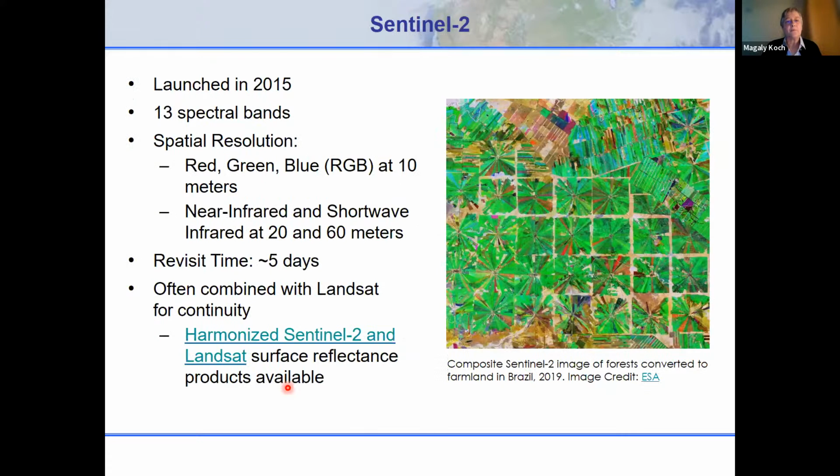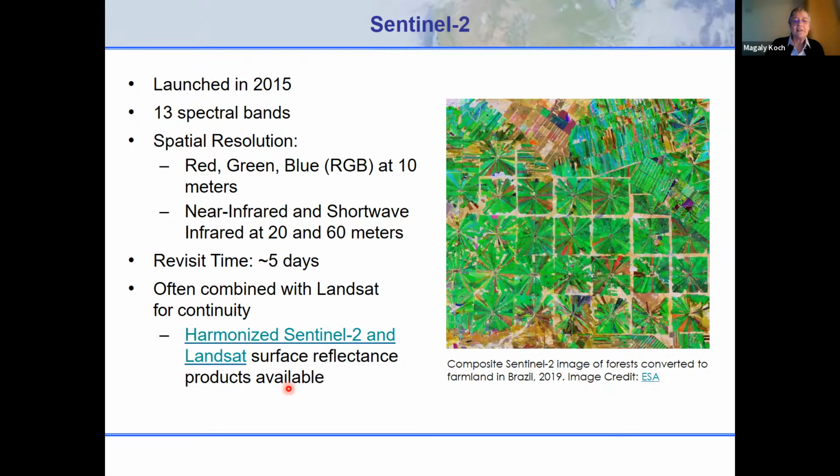Recently, I mean, already 7 years ago, we have access now to a new set of satellites managed by the European Space Agency, the Sentinel series, and this is Sentinel-2, which is the optical sensor.